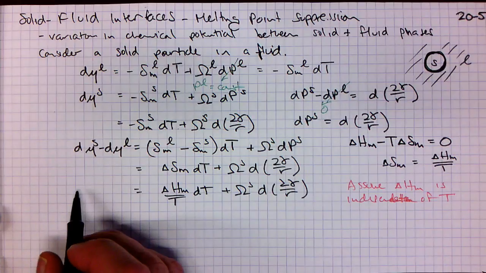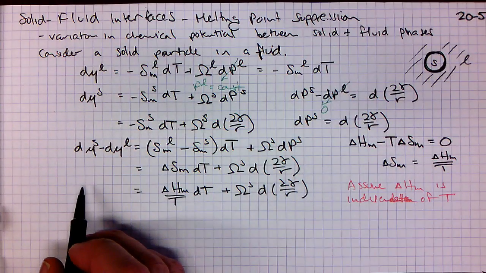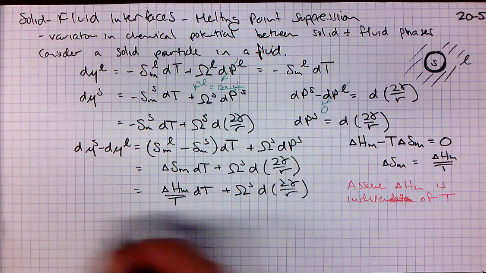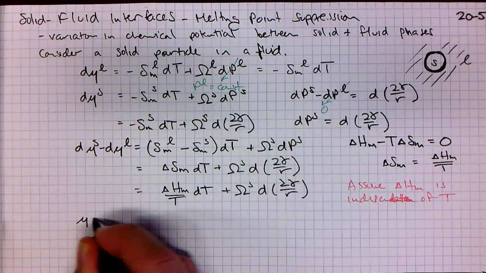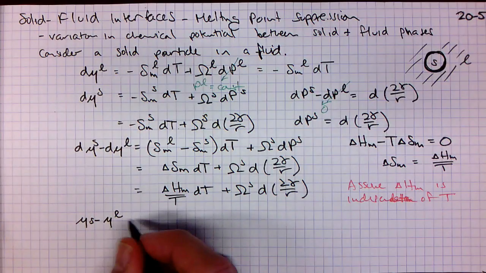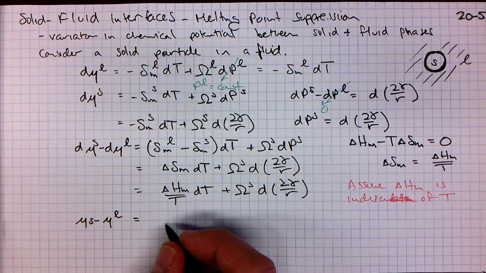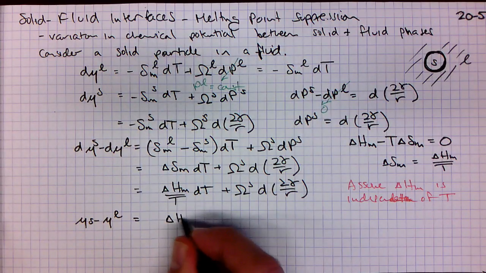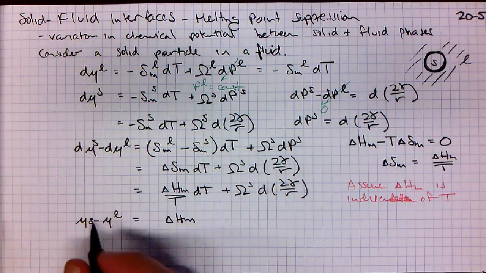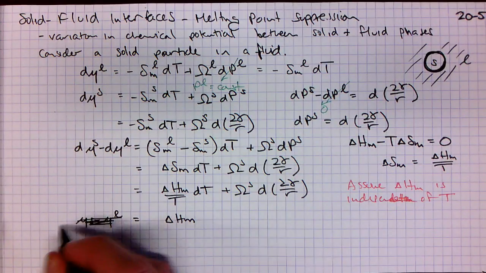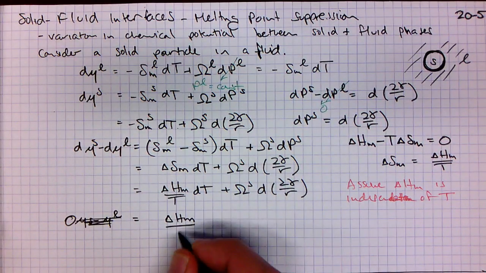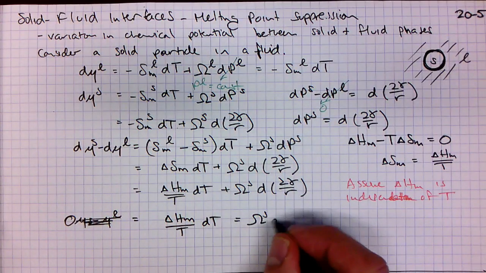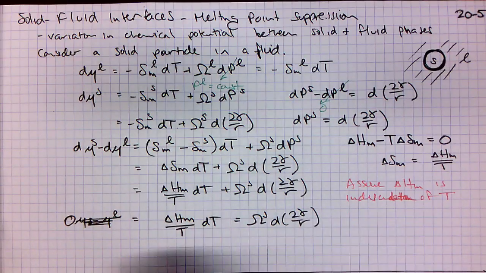So if we do that, we have that mu_S minus mu_L, which has to equal 0 at equilibrium, gives delta H_m over T dT equal to minus Omega_S d(2 gamma over r).